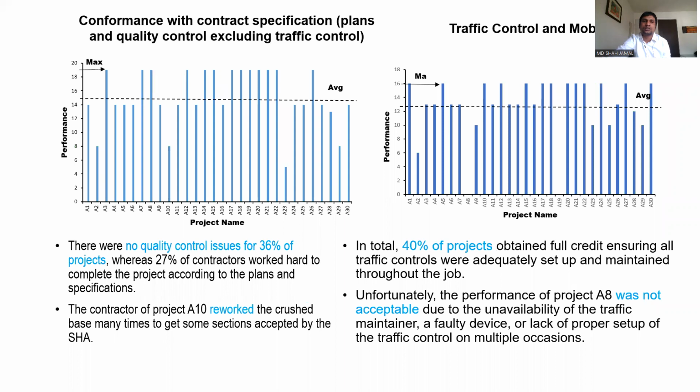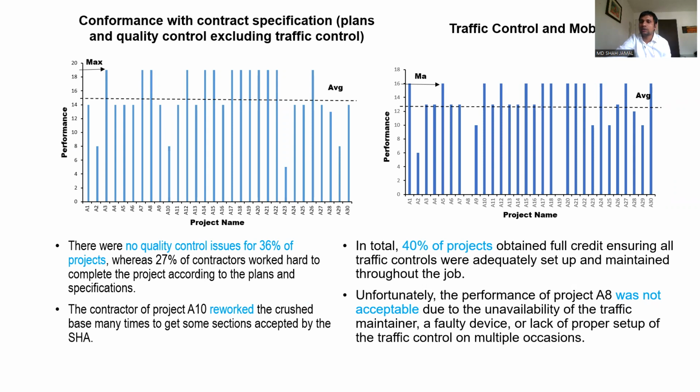The next factor is conformance with contract specification, plans and quality control excluding traffic control. There are no quality control issues for 36% of projects, whereas 27% of contractors worked hard to complete the project according to the plans and specification. The next factor is traffic control and mobility.